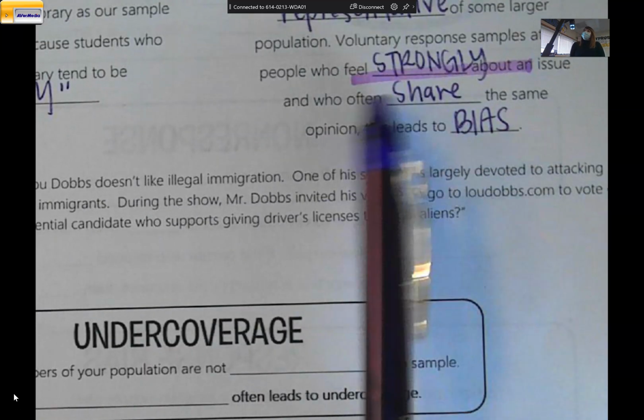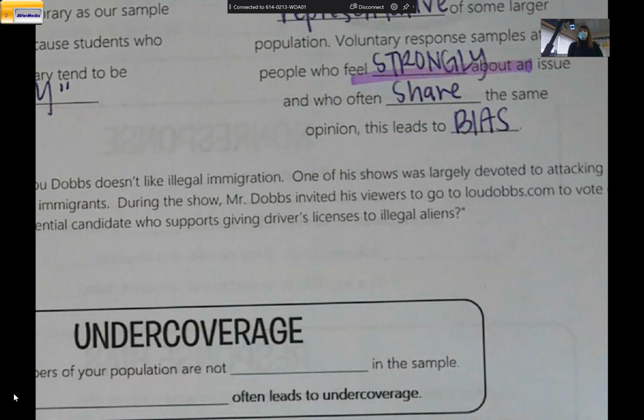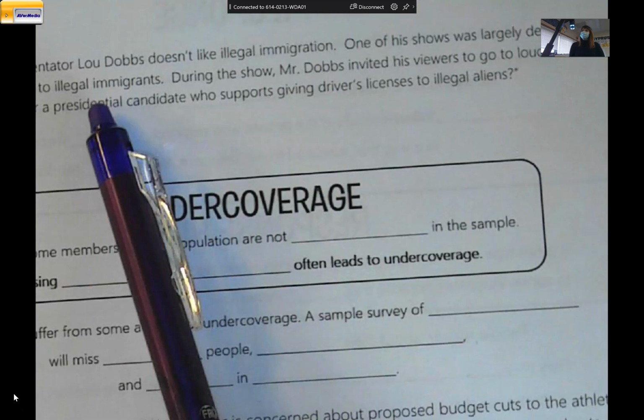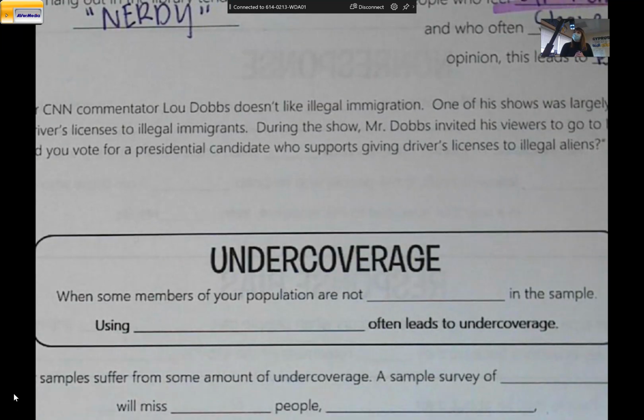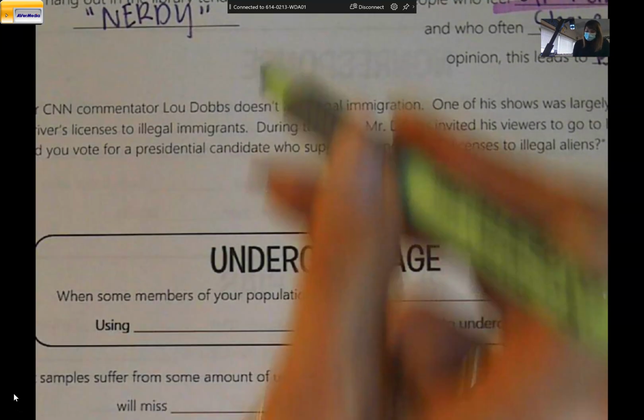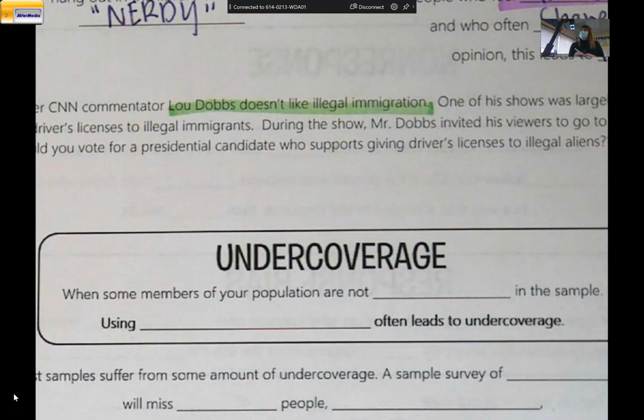The second part of this, where it says people who often share the same opinion, has to do with this example here. Former CNN commentator Lou Dobbs doesn't like illegal immigration. So that's the key here. It is known that Lou Dobbs is a hater on illegal immigration.